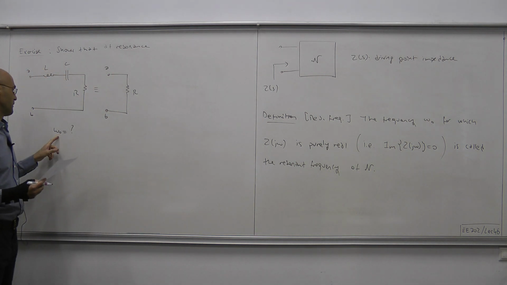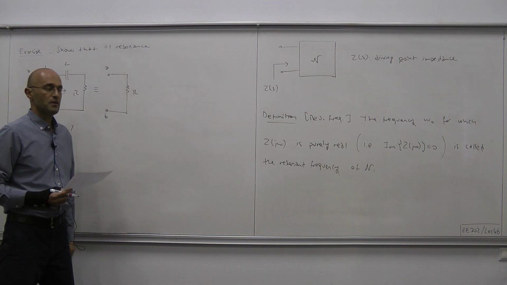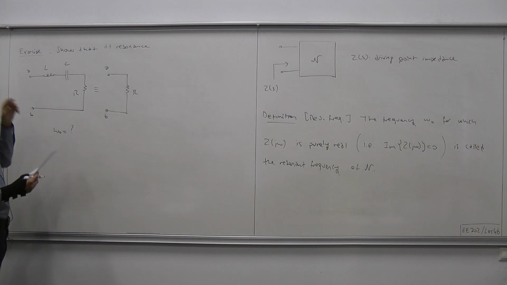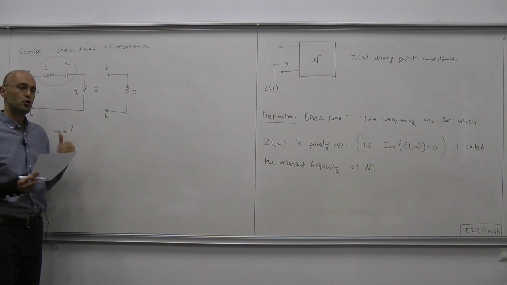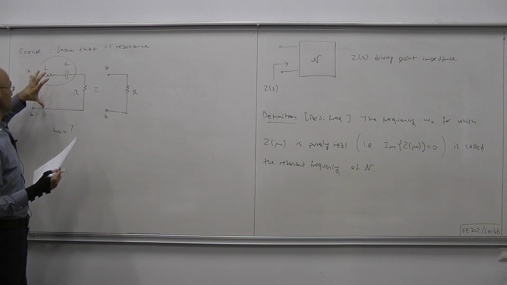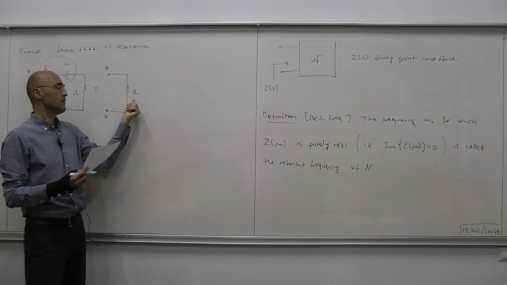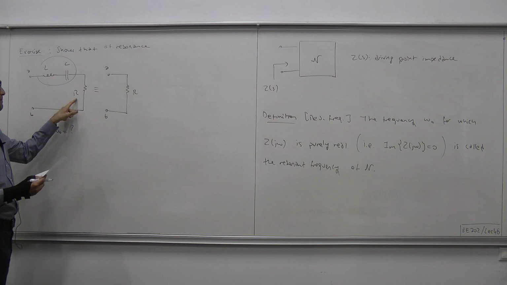The exercise is figuring out omega 0, which to some of you is already obvious. So this means that at resonance, whatever that frequency is, this thing behaves like a short circuit, and then this circuit boils down to the simple resistor with resistance R.